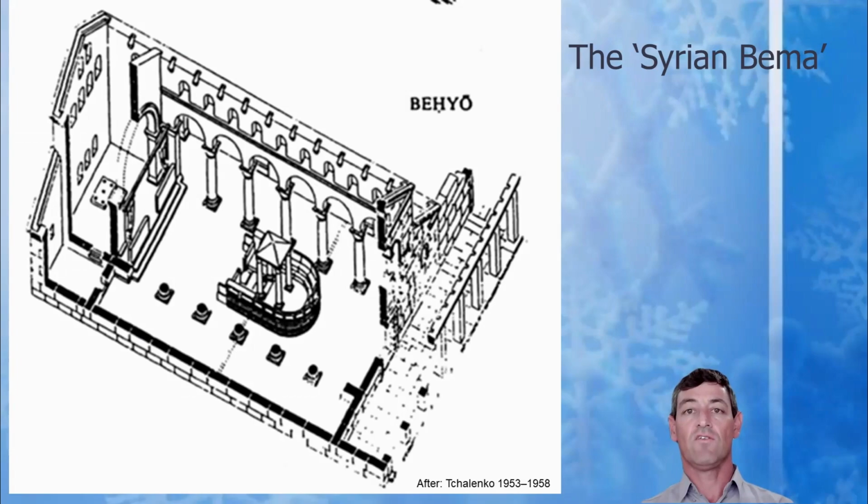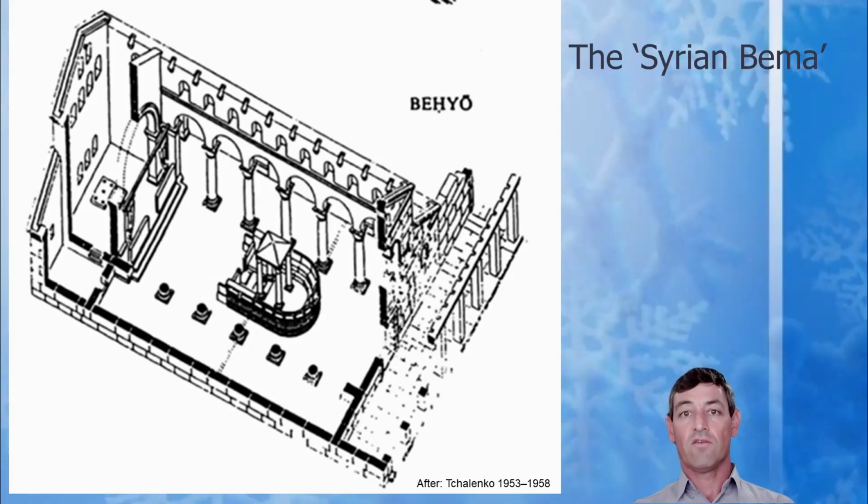And this is like a second bima, which is directed to the east, to the altar. It is totally separated from the bima and the altar. And this also has a lectern in it and a seat.